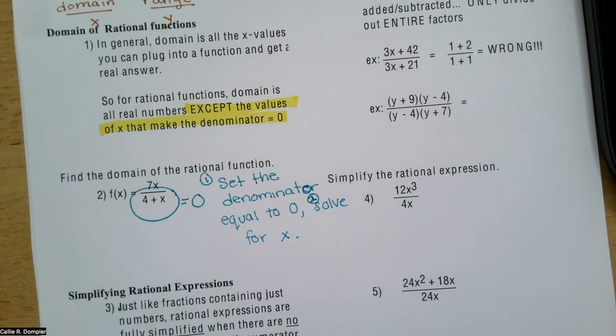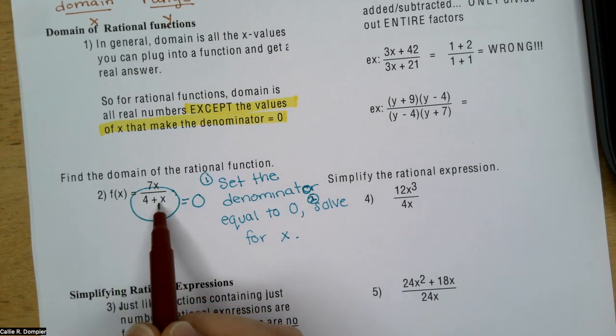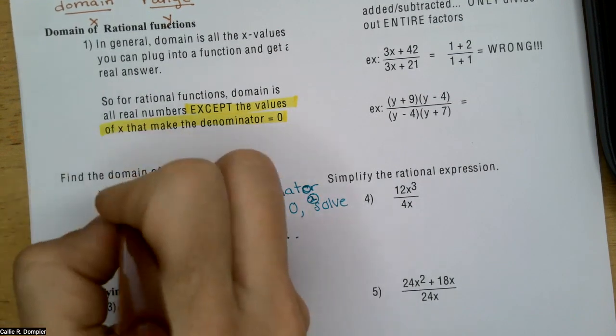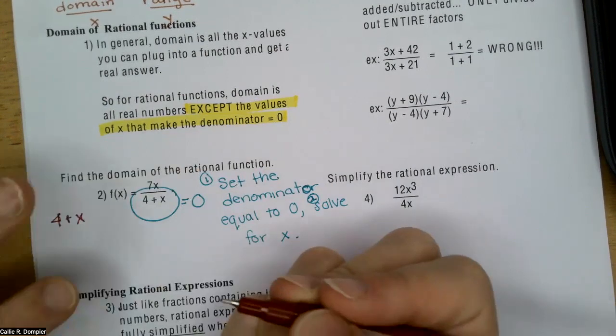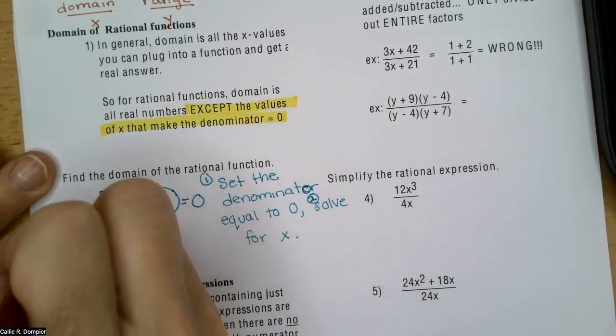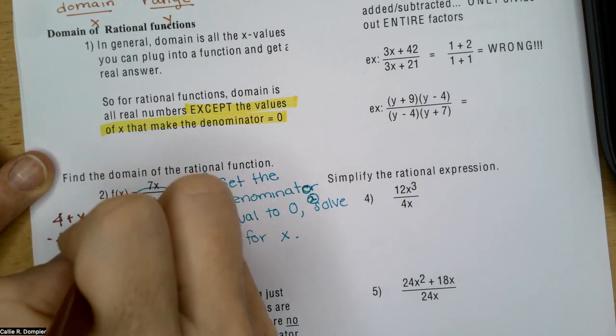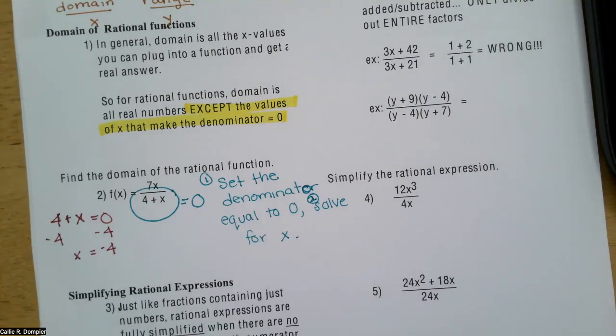Good? All right, so here we have f of x equals 7x divided by 4 plus x. Take just the denominator and set it equal to 0. So that whole thing equal to 0, solve for x, subtract 4, x is negative 4. What does this mean? Why did I set it equal to 0 and then solve for x?